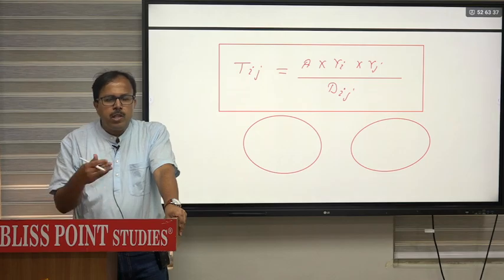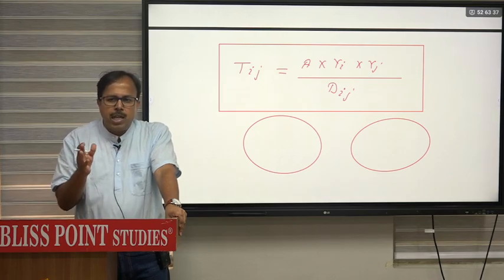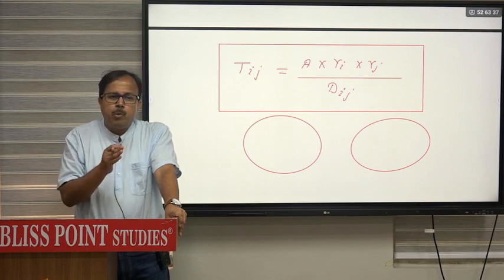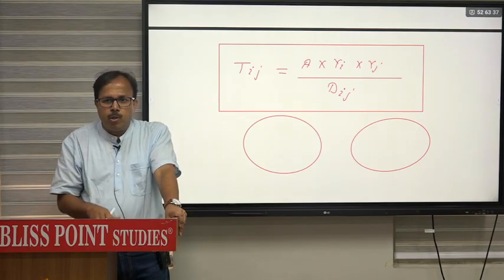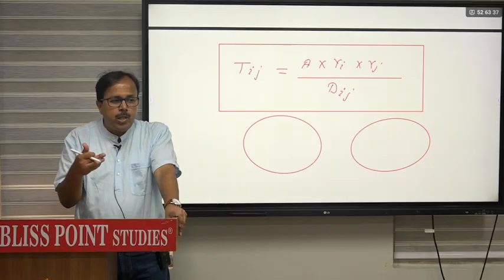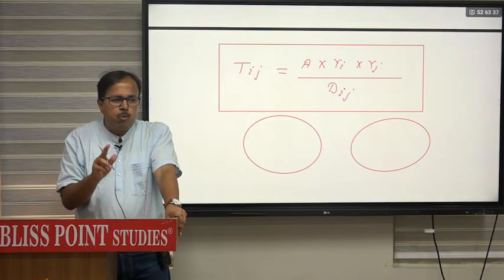We are more interested in knowing that. Okay, the US and China are trading, but which type of product is the US exporting to China? Which type of product is China exporting to the US? That reasoning cannot be explained by using the gravity model. For that purpose we need the Ricardian model and the HO model. So it fails to explain that part.